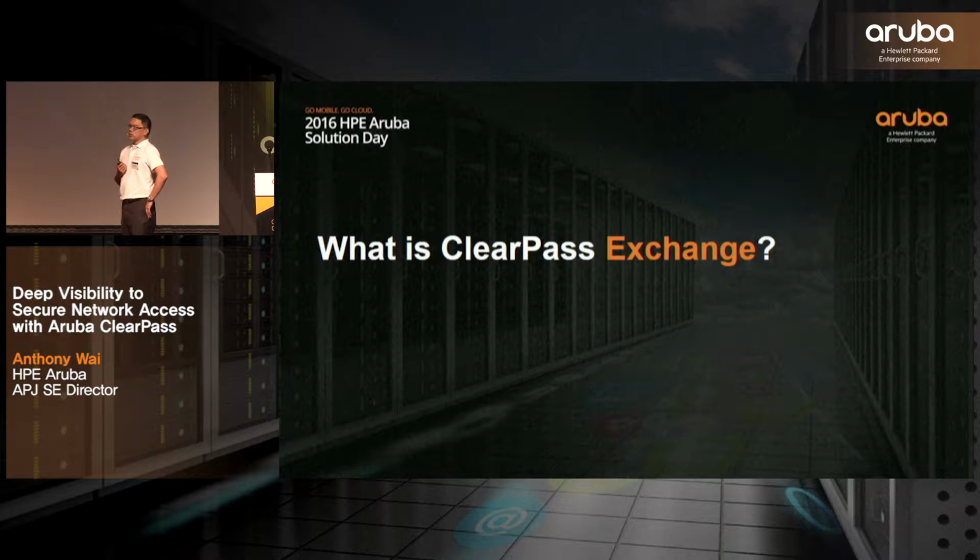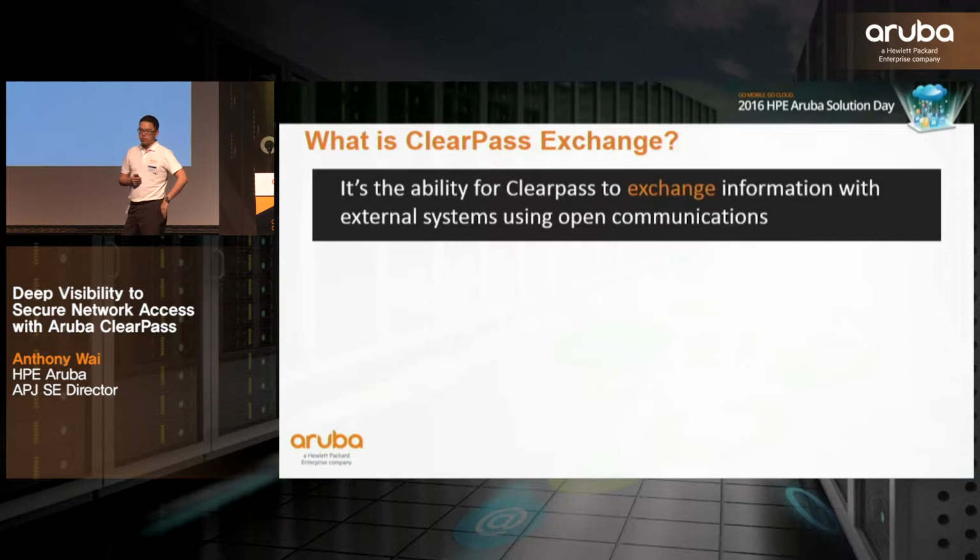Now, what is ClearPass Exchange? We just talked about an overview of ClearPass, but ClearPass, remember, does orchestration with other vendors. ClearPass Exchange is the idea that ClearPass exchanges information with third-party external systems using open communication calls.